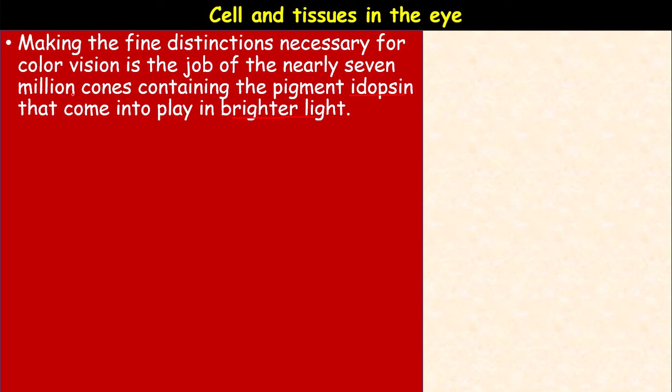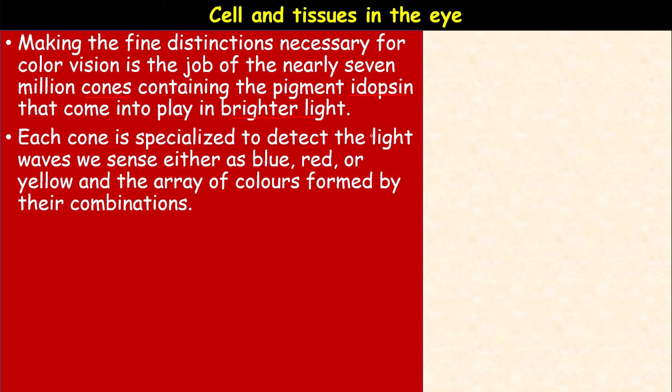Cones are made up of iodopsin pigment, and we are able to see the objects in the presence of this iodopsin pigment during daytime or in the bright light. Are they clear? These cones have the ability to distinguish different colors. Each cone is specialized to detect the light waves we sense either as blue, red or yellow, and the array of colors formed by their combinations.